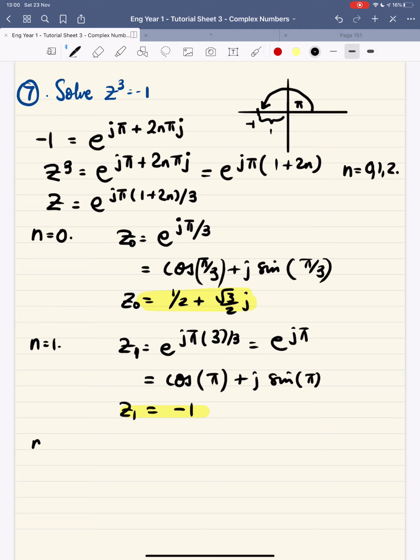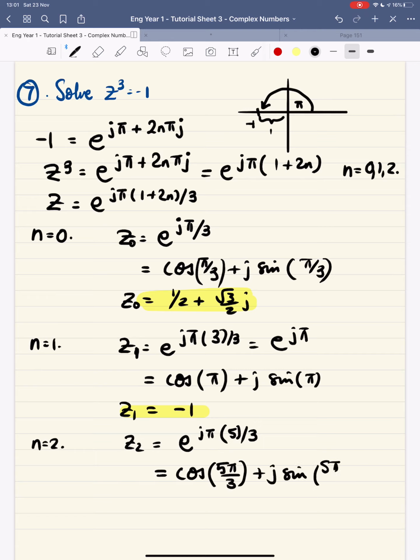And finally, n is 2. So the third one actually. It's going to be e to the j pi, and then it's times 5 over 3. Because if n is 2 in here, 1 plus 2 times 2 is 5. And this is going to be cos 5 pi by 3 plus j sine 5 pi by 3.